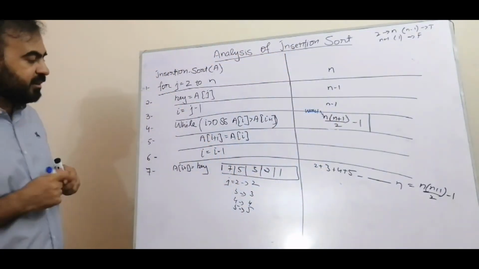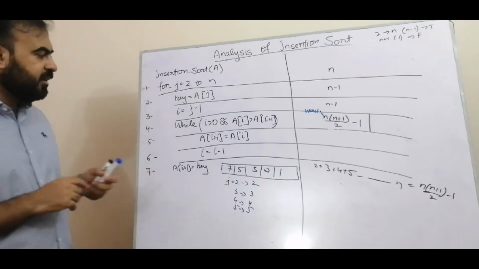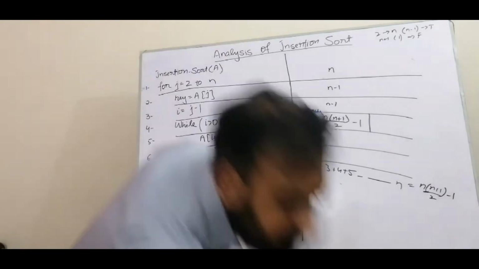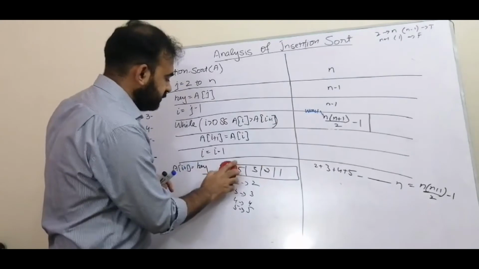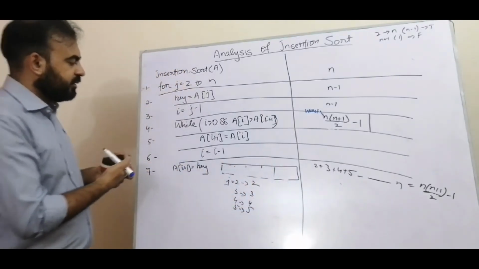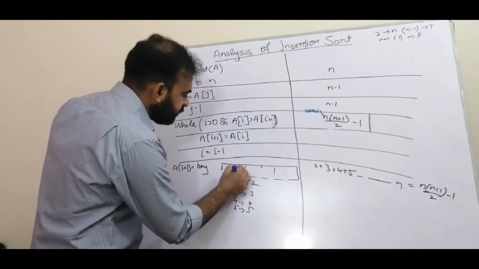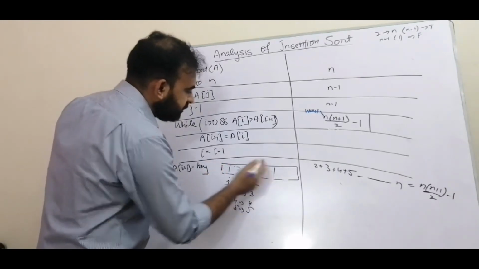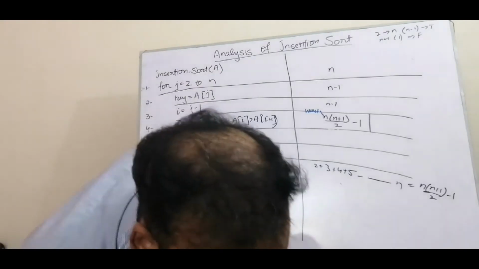What about the best case? The best case is opposite to that one, that the data is already sorted in increasing order. So it is 1, 2, 3.